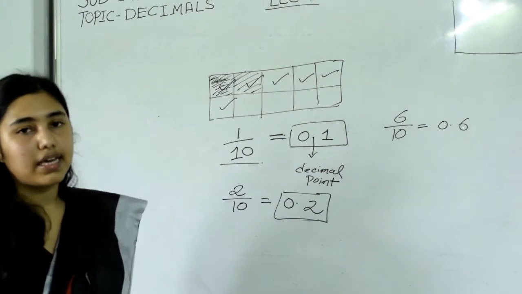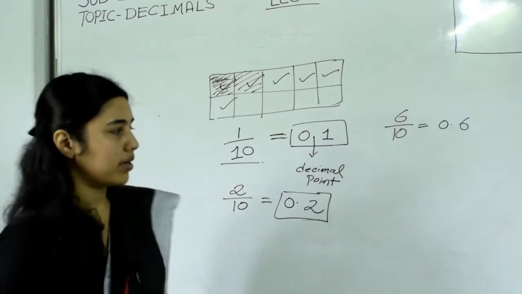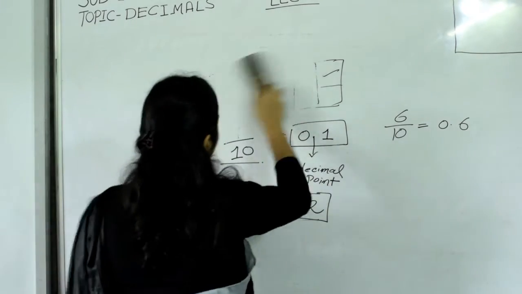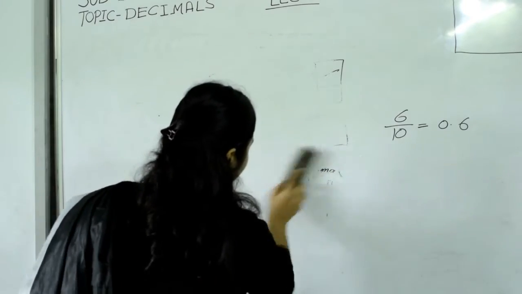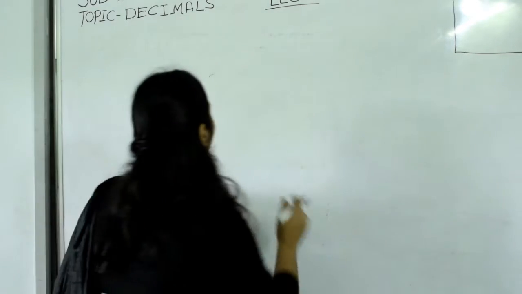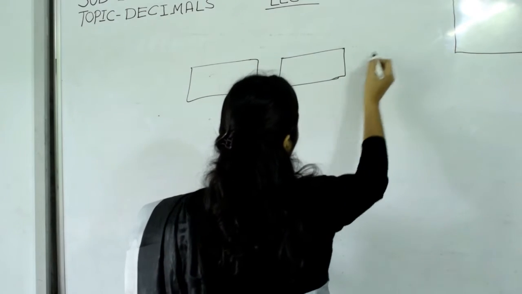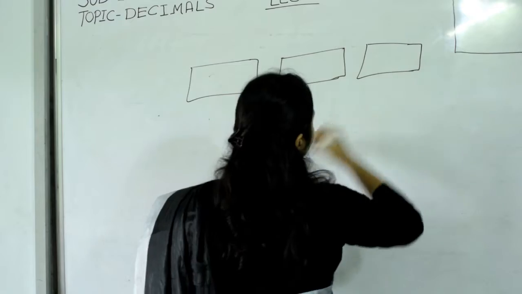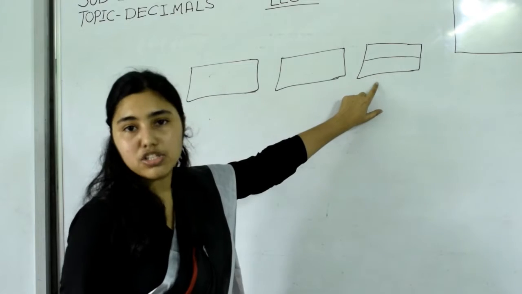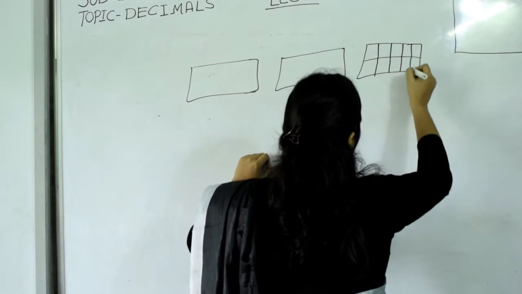Now let us see how we can combine a decimal value with a whole number. Suppose you have 3 chocolates, okay? 1, 2 and 3. Now divide this last one into 10 equal parts.